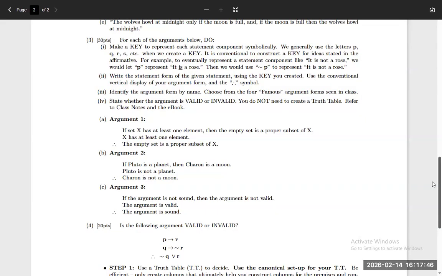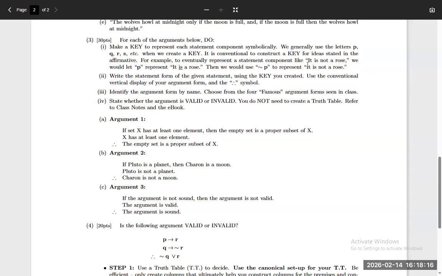Good. And we don't have to understand any of what that actually means in order to work this problem. You just need to pick a reasonable way to make a key. You can use the letters P and Q, or capital A and capital B, or whatever letters you want.